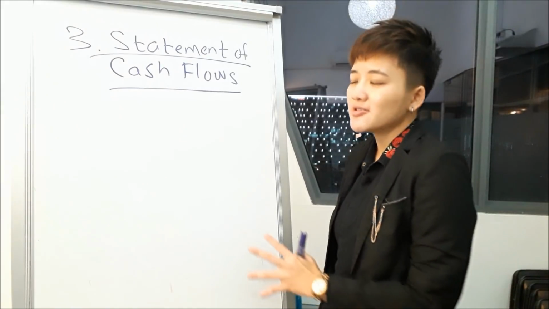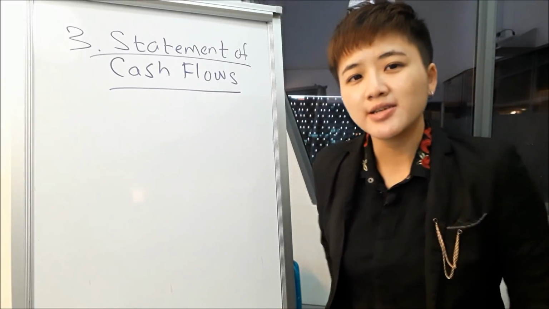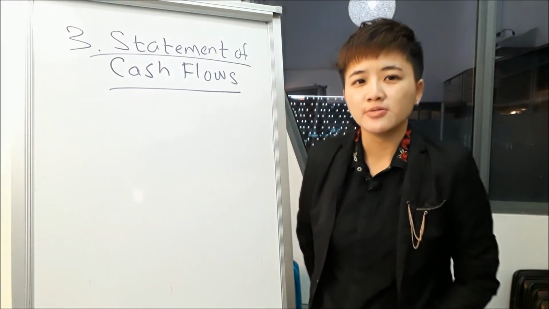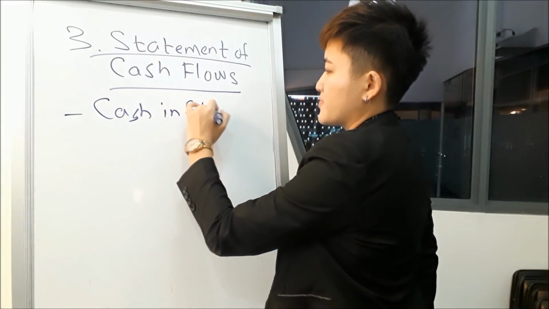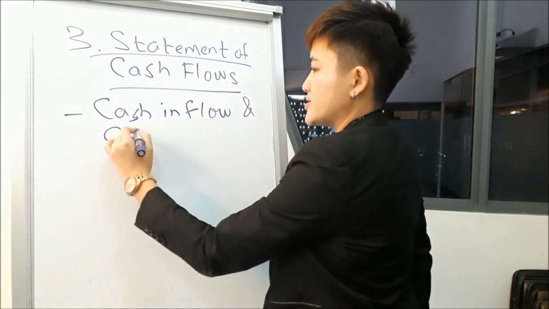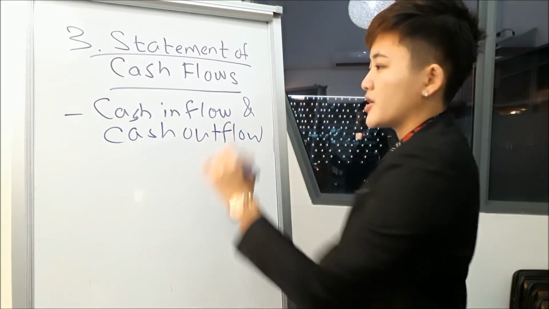Okay, when it comes to analyzing the balance sheet in detail, I'm going to reserve that for future videos because I don't want to confuse the beginners too much. But for now, the third financial statement is the statement of cash flow. Basically, this financial statement tells you the cash inflow and also cash outflow of the company.